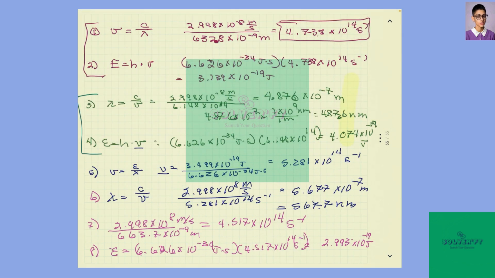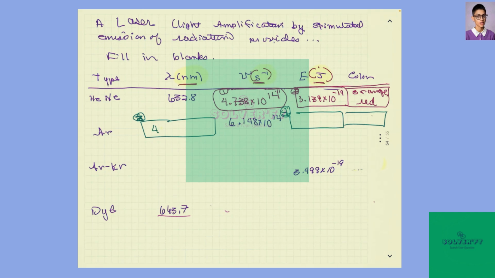For Calc 3, we are going to take our wavelength equals C over the frequency, and for Calc 4, we'll use our energy equals Planck's constant times nu again. So I'm calculating my wavelength by taking the speed of light divided by the frequency. I get 4.876 times 10 to the minus 7th meters, which is 487.6 nanometers.